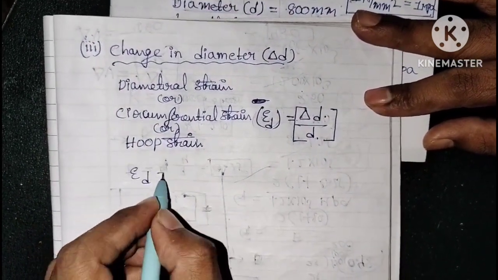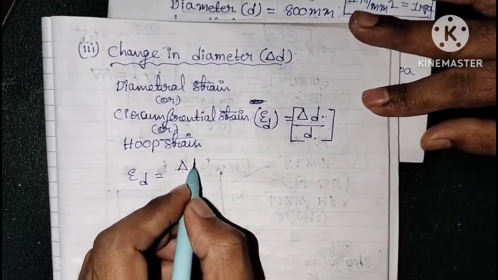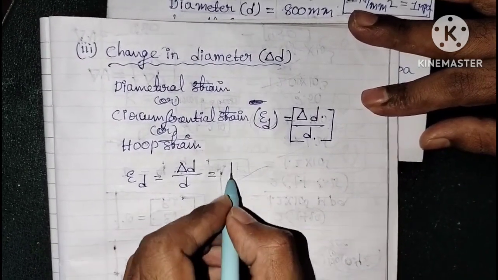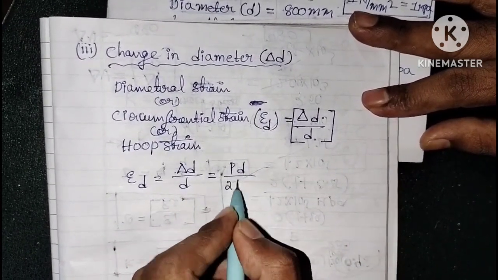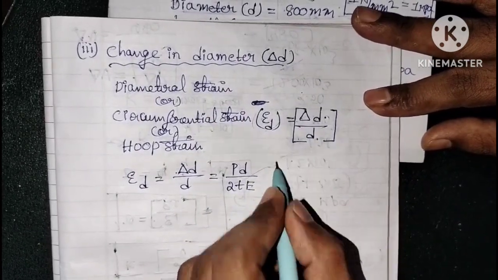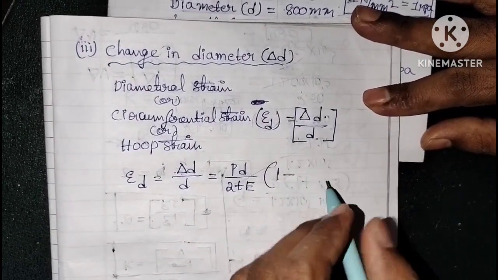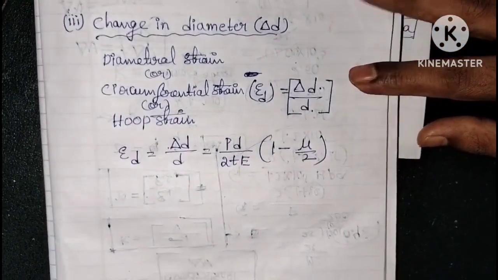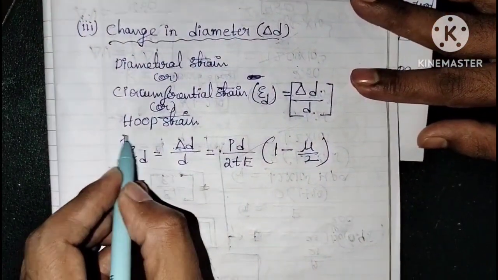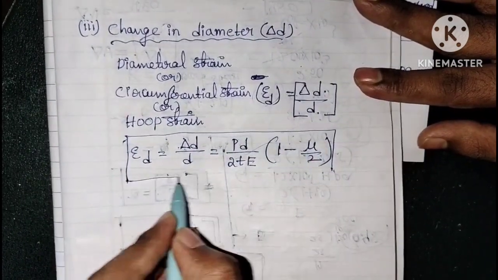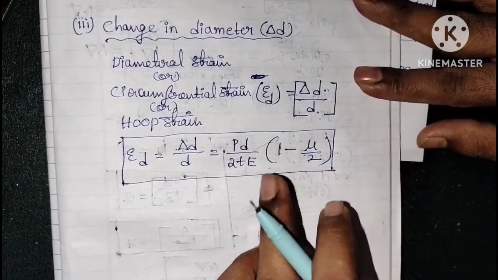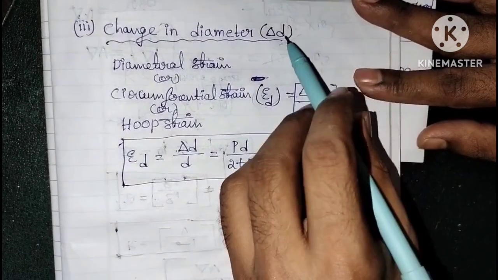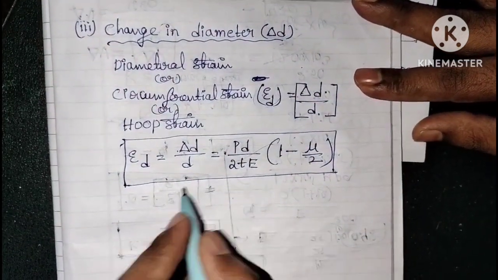So epsilon D is equal to delta D by D, equal to PD by 2tE into (1 minus mu by 2). This is the formula for diametral strain, or hoop strain, or circumferential strain. Now using this formula we can find the change in diameter in a thin cylinder.